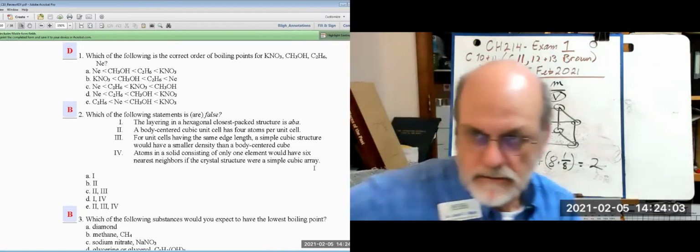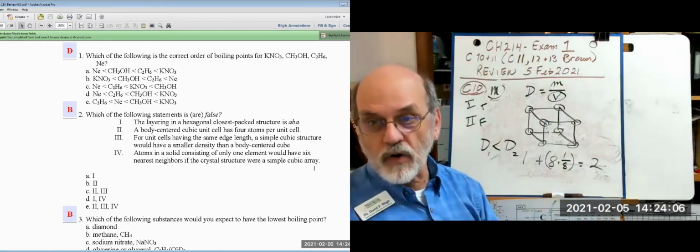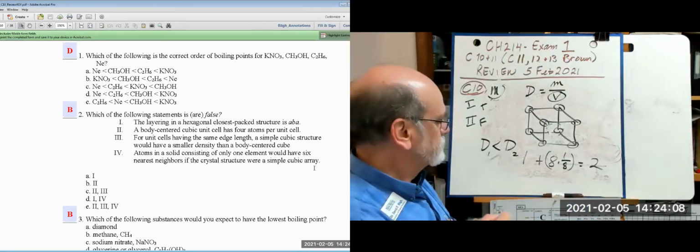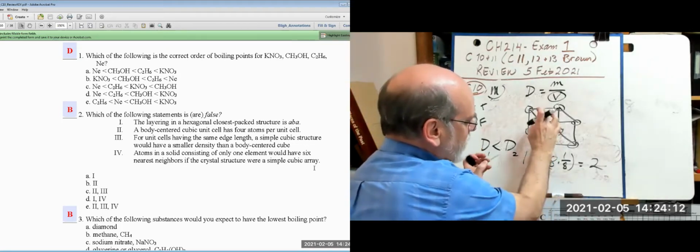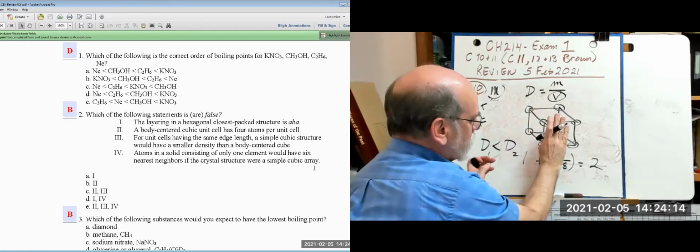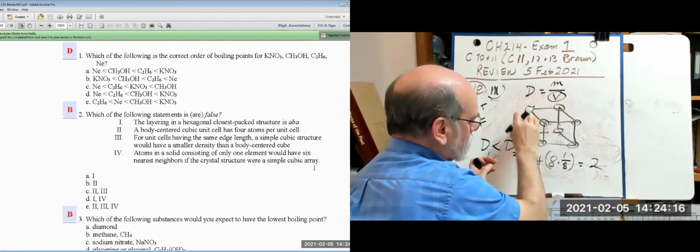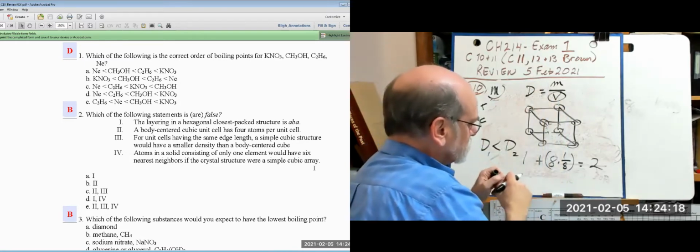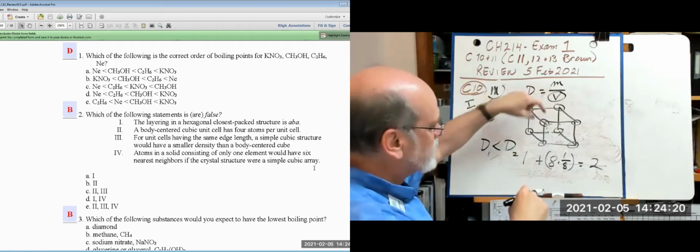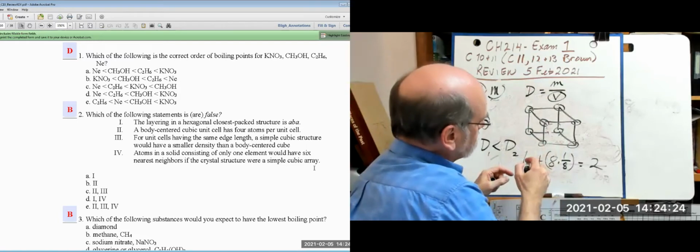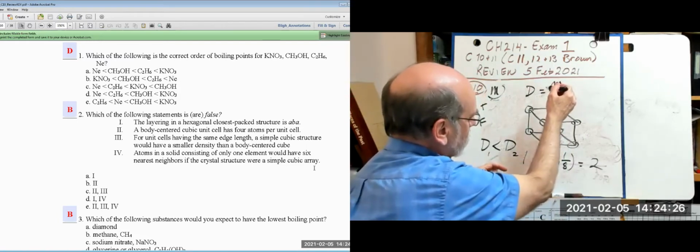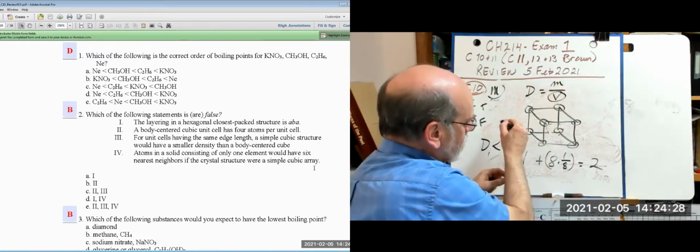Perfect example. We talked about this earlier, sodium chloride. So if you have that one sitting there, you could have a cube here, here, here, here. So the nearest neighbors, you could have a cube stacked up here, and its nearest neighbor would be there. Or it could be over here.